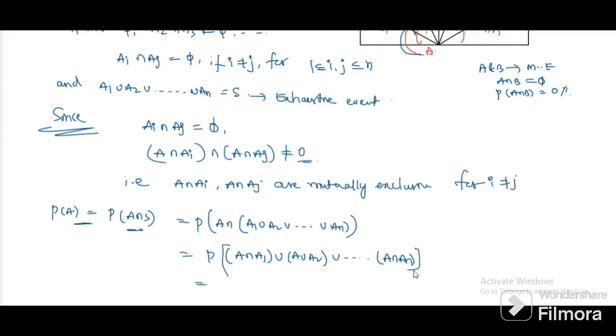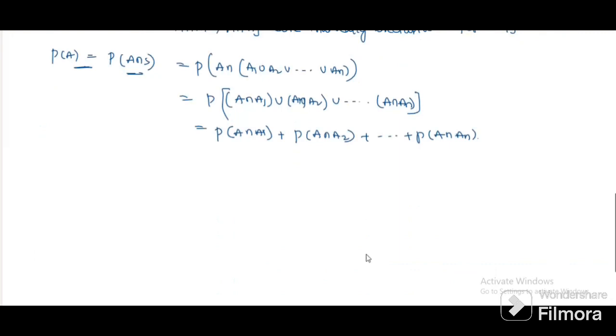Since these are mutually exclusive, this becomes P of A intersection A1 plus P of A intersection A2 plus and so on plus P of A intersection An. From the conditional probability, P of A intersection A1 can be written as P of A1 into P of A by A1, plus P of A2 into P of A by A2, plus and so on, plus P of An into P of A by An.